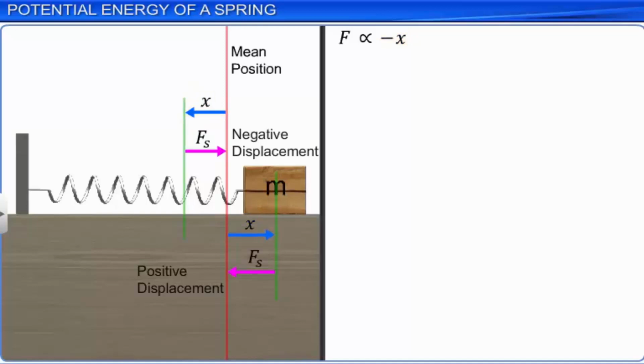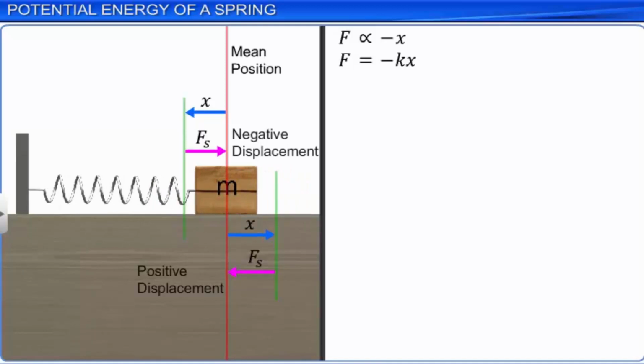Or, spring force F is equal to minus kx, where k is the spring constant. Let this be equation 1. In equation 1, F is equal to minus kx, which represents the force law for the spring known as Hooke's law.